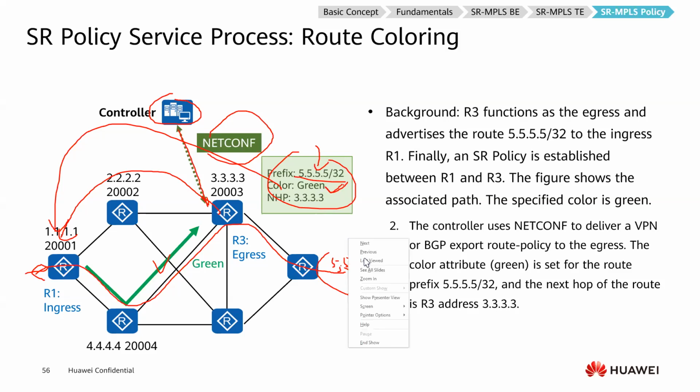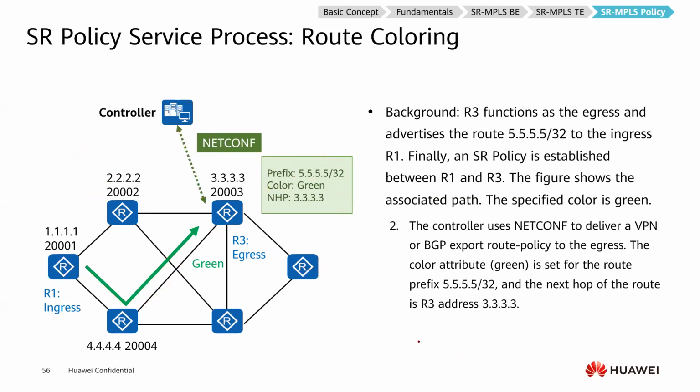This packet should be carried by the tunnel with color green. When sending the packet, R1 checks: if you want to go to 5.5.5.5, you should choose the green color tunnel, go to R3, then send out. Like this.